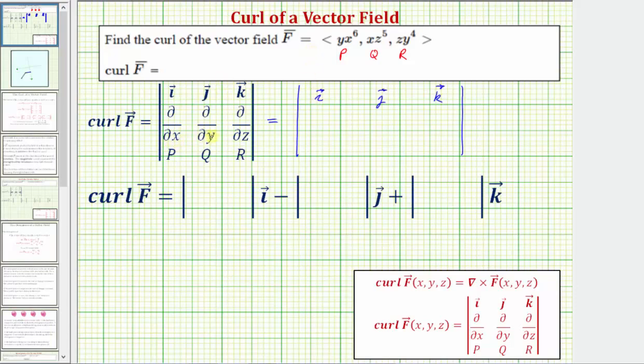The second row are the differential operators, the partial with respect to x, the partial with respect to y, and the partial with respect to z. The third row is going to be x to the sixth y, x z to the fifth, and y to the fourth z.